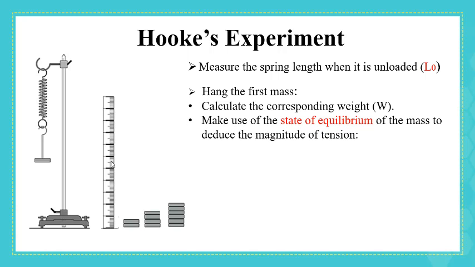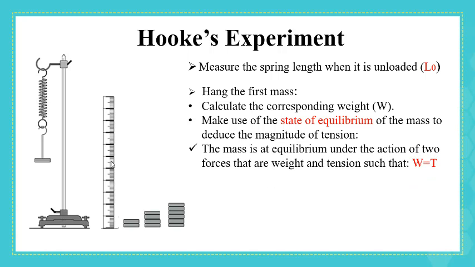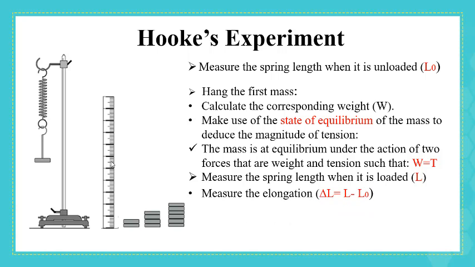Make use of the state of equilibrium of the mass to deduce the magnitude of tension. The mass is at equilibrium under the action of two forces, weight and tension, such that weight equals tension. Measure the spring length when it is loaded, L. Measure the elongation delta L equal L minus L0.